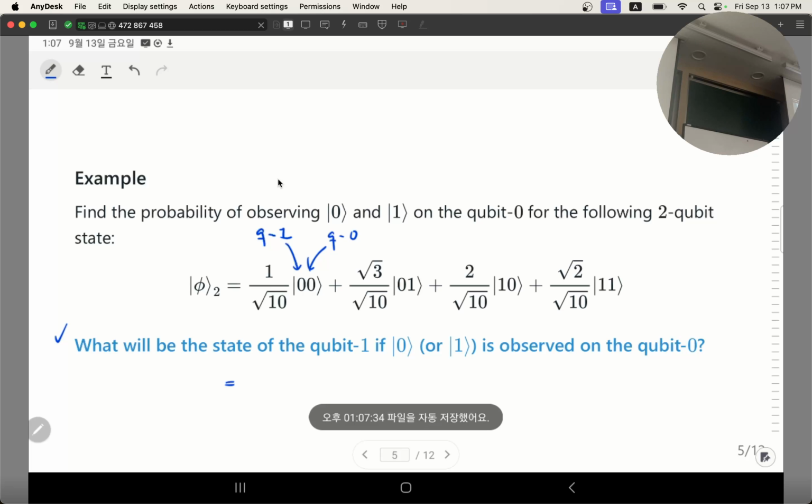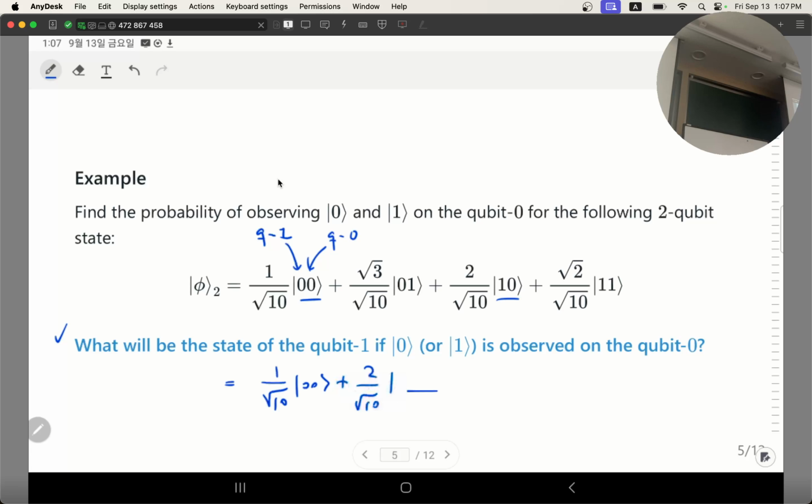We are going to break down into two summations here. There are two states whose qubit 0 is in the ket 0 state. The first one is this one and this one, and I'm going to group these together. And then there is a quantum state whose qubit 0 is in the ket 1 state, this one.